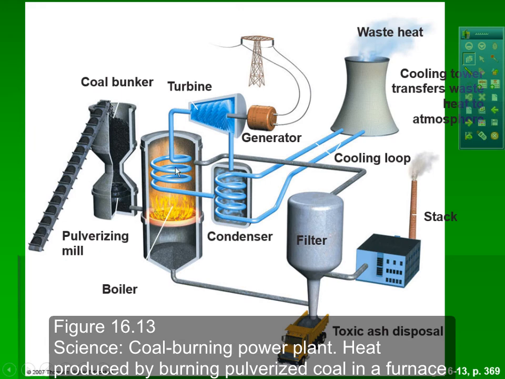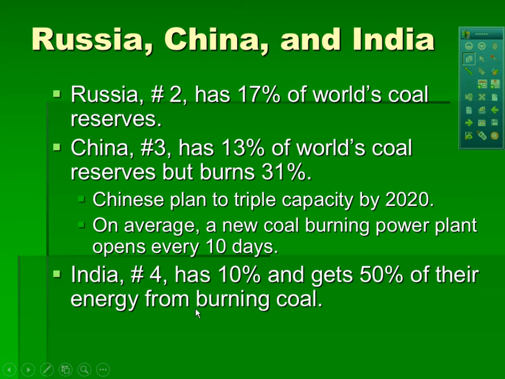You have to heat it, boil it, turn it, filter it, and then by that point you are back into the waste. So Russia's number 2, China's number 3, India's number 4. You guys can look through these numbers just to be aware of your top countries. So U.S. is number 1 for coal, and just be aware of your top countries. I wouldn't necessarily stress about memorizing the specific numbers, but I would know the top 4 and in what order.